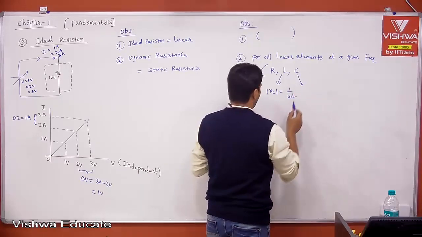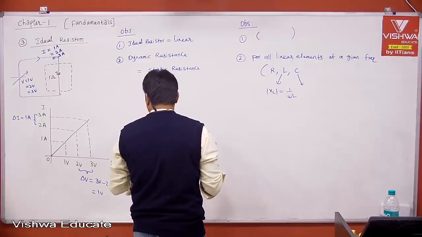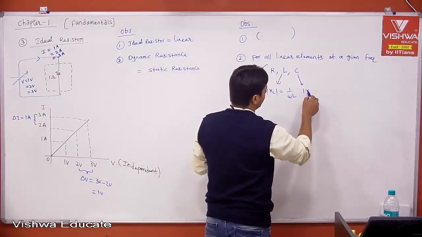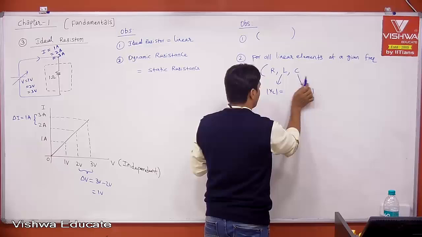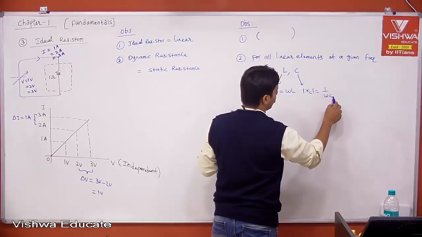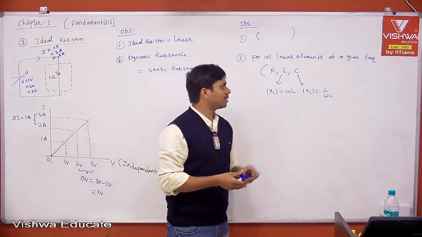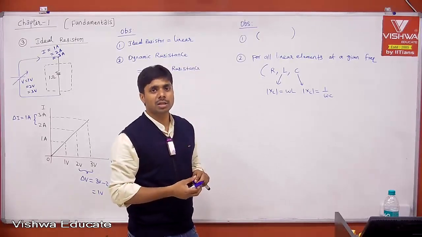Similarly, mod XC is equal to 1 by omega C. If omega is constant, the reactance is also constant. If reactance is constant, done.